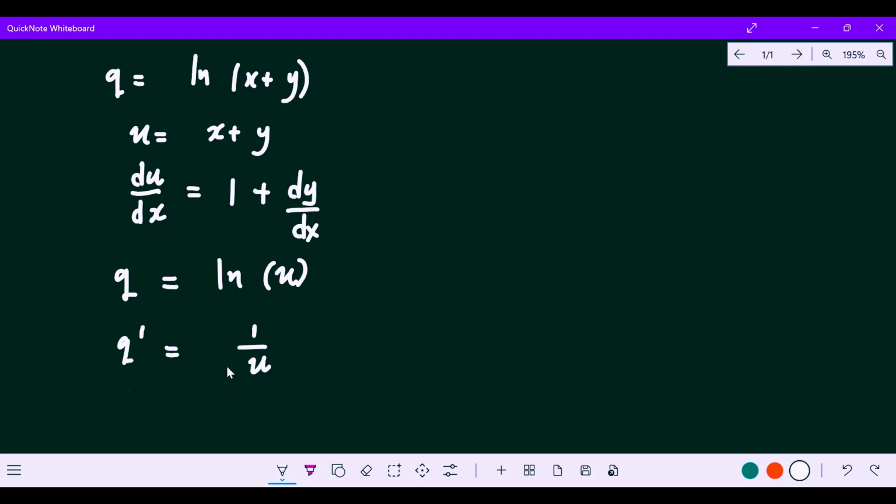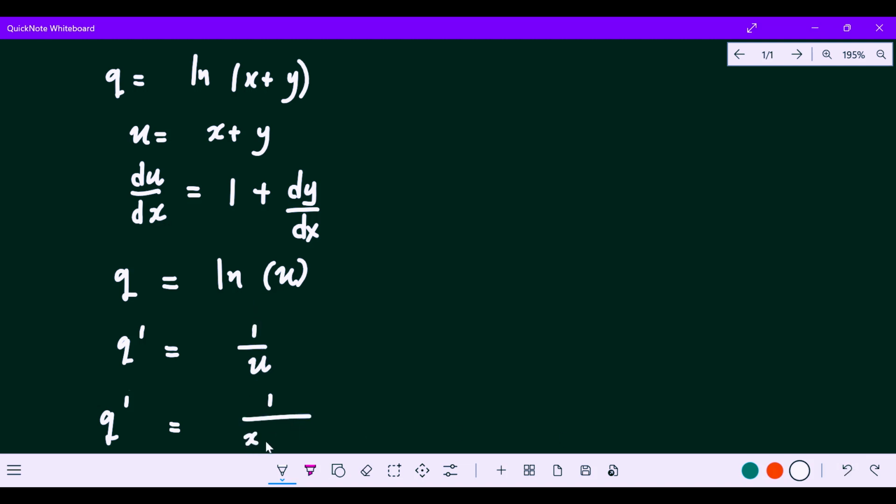All right, now let us put everything together. q prime, the derivative of this whole function, is equal to 1 over u.